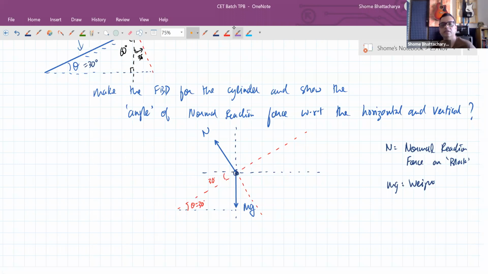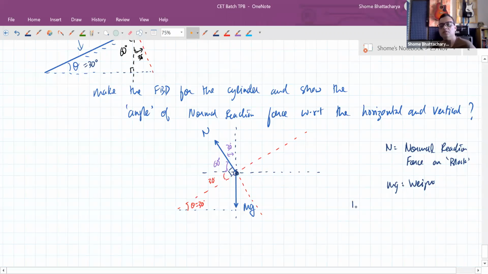So that now means that this angle here is 60 degrees. Okay. And this angle is 30 degrees. Yes, of course, this is a 90-degree angle.